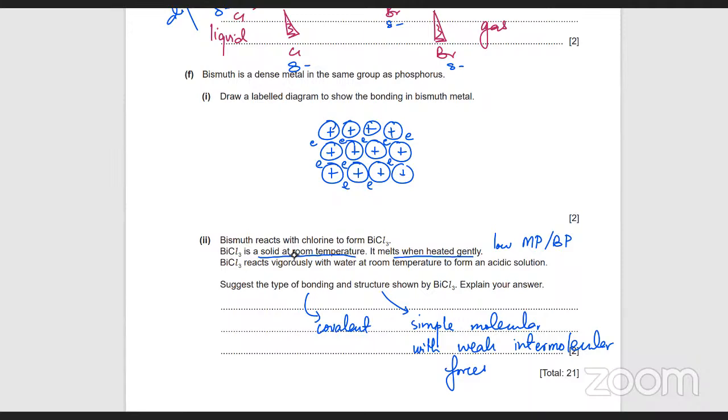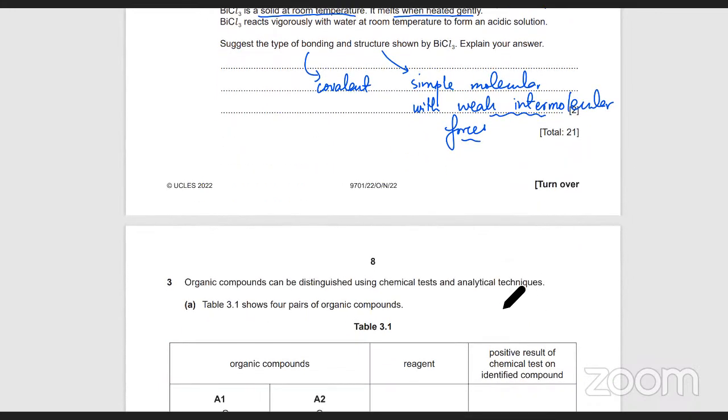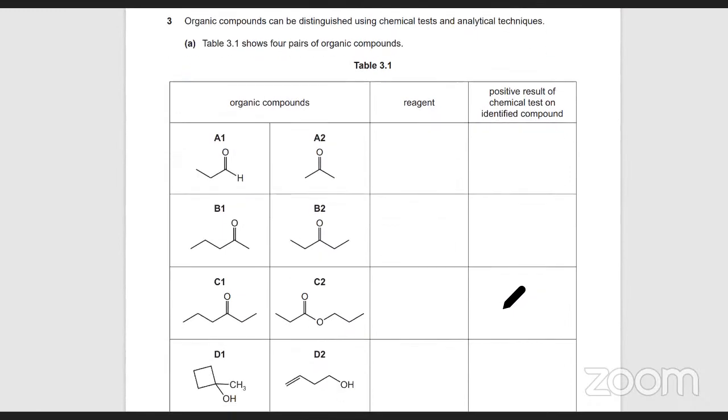That indicates that it's got weak intermolecular forces. इसका मतलब it's forming simple covalent molecules. तो ये उसकी explanation होगी. ठीक है, for this one. Next part is कि you've got 4 organic compounds and you're supposed to distinguish them by chemical tests and analytical techniques as well.